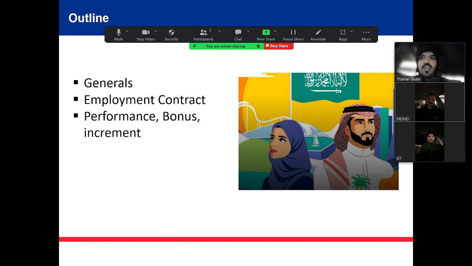Because the relationship between the organization and the employment may become chaotic, because the organization is looking for benefits and the employees are also looking for benefits. But sometimes organizations are, let's say, selfish and will try to get all the benefits for themselves. That's why the government put the statements and also the articles to organize the relationship between both sides.